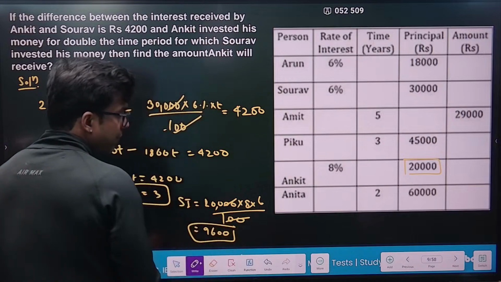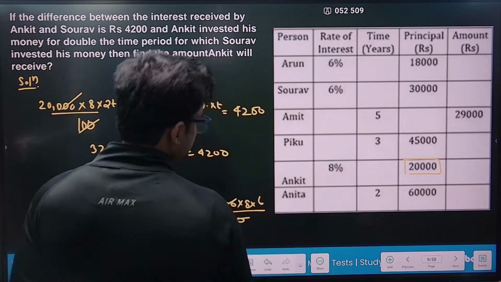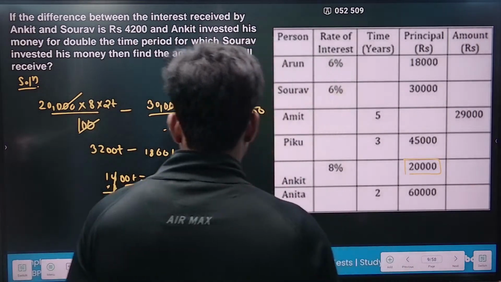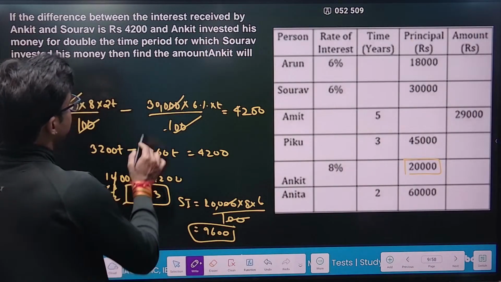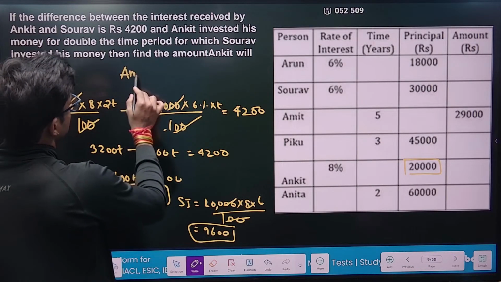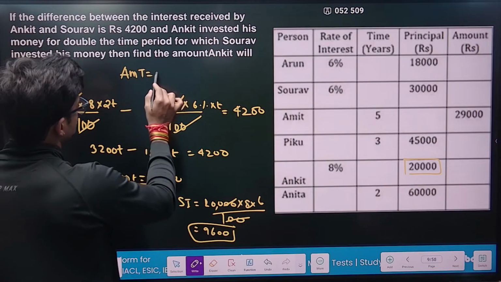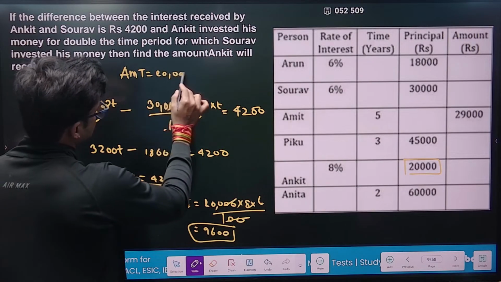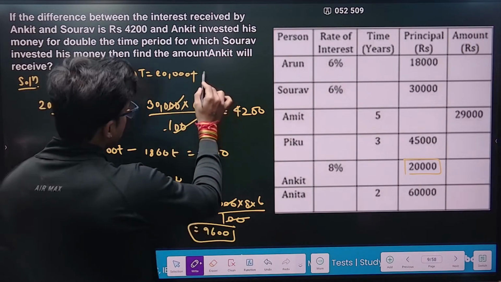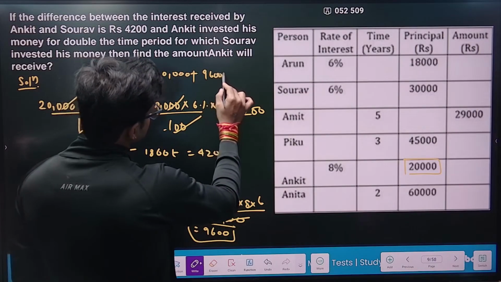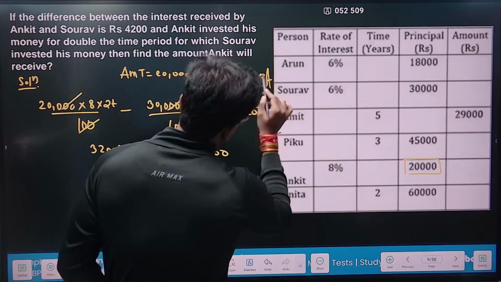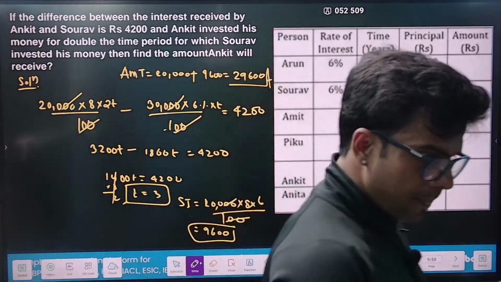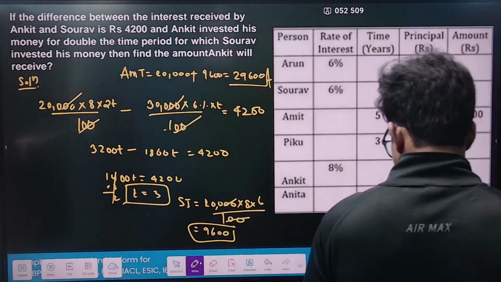So the amount will be 20,000 plus 9,600, which is 29,600. Answer. Correct? I hope this is also fine.